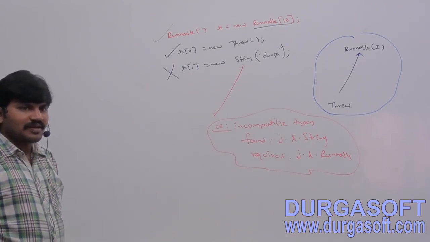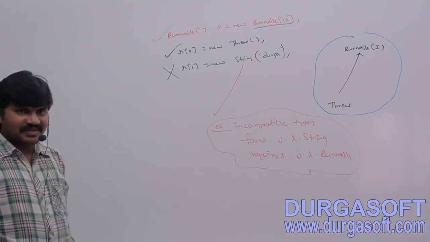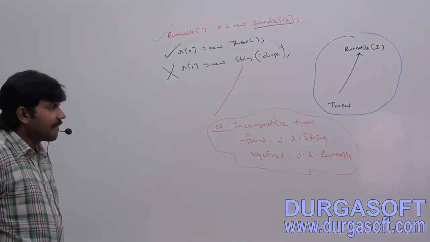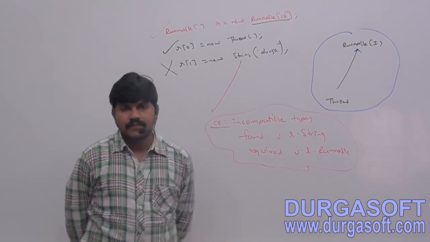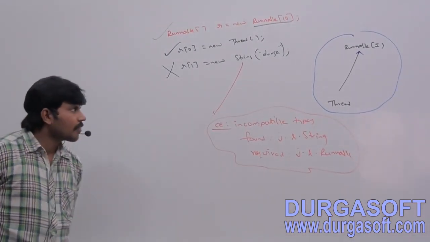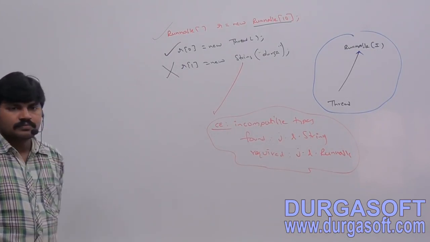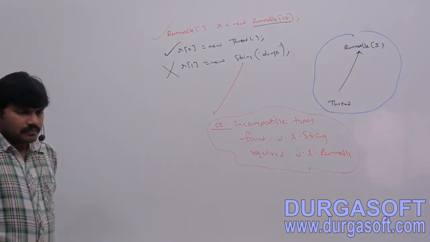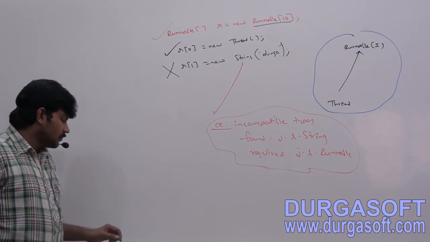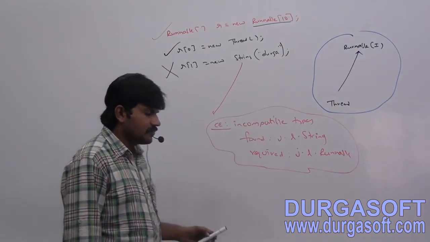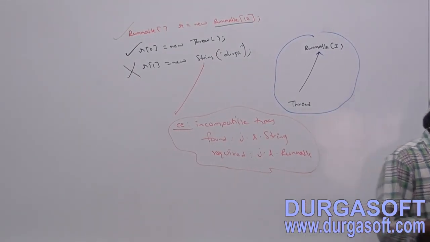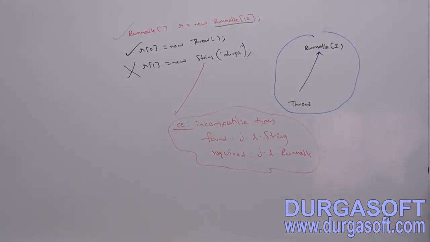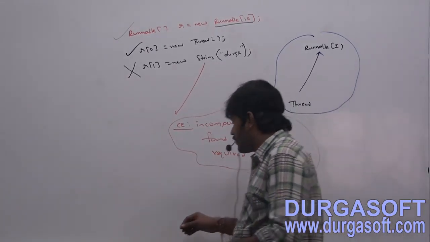Throwable is what type, man? Exceptions, not threads. So take clearly. I hope it is clear, right?